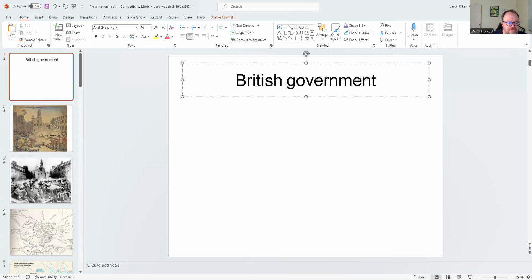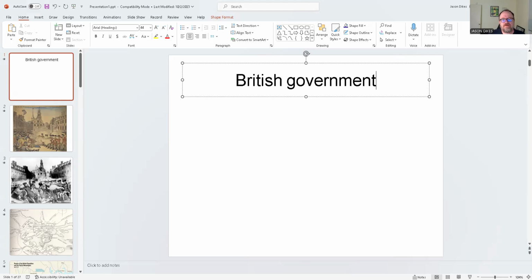The British at the time did not have a written constitution the way that the United States has a written constitution today. British government had evolved over centuries, really. Some of what we're talking about goes all the way back to the early 1200s.